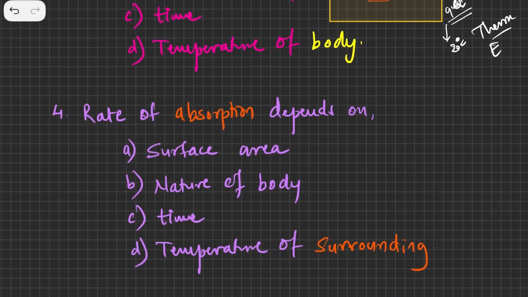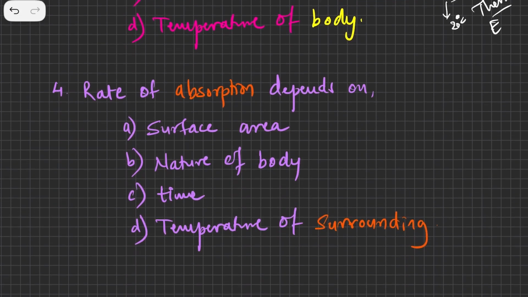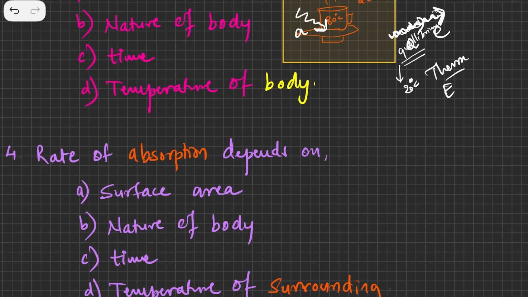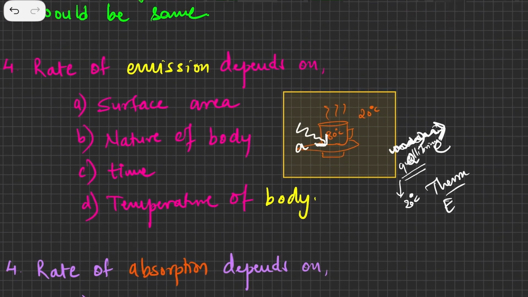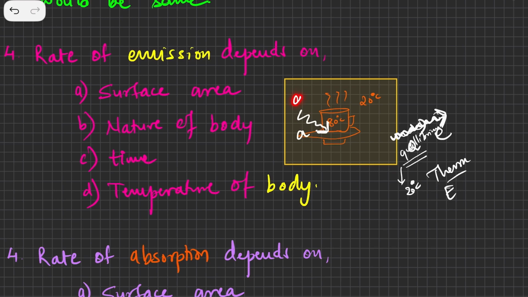And now the fifth point is that the rate of absorption depends on the surface area, the same nature of the body, and the same time, but the rate of absorption depends on the temperature of the surrounding and not on the temperature of the body. This is a very important difference we are understanding here. So the teacup is absorbing as well as emitting, but the emission depends on the temperature of the body, while the absorption depends on the temperature of the surrounding.